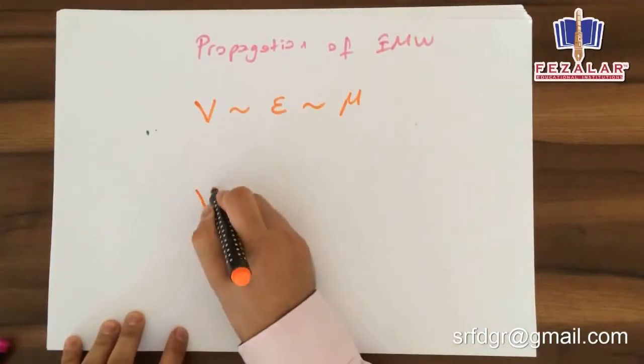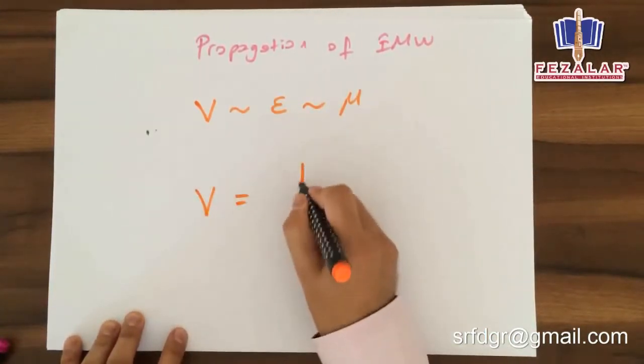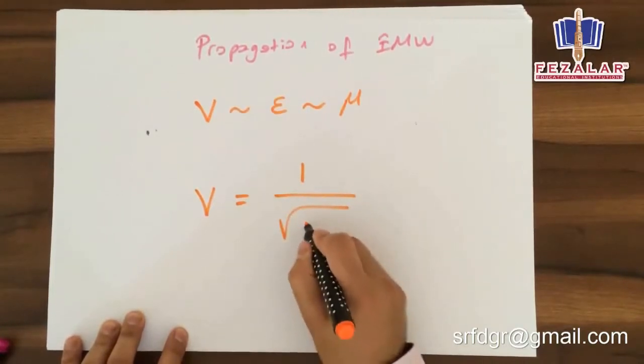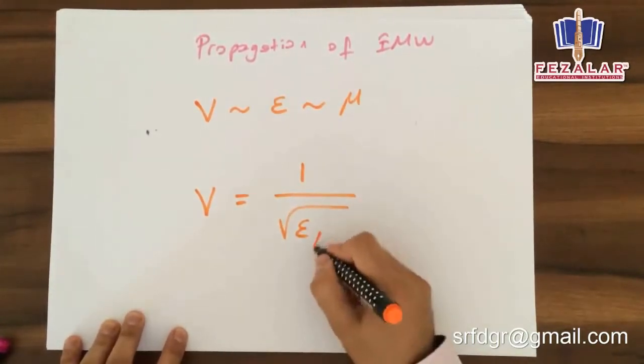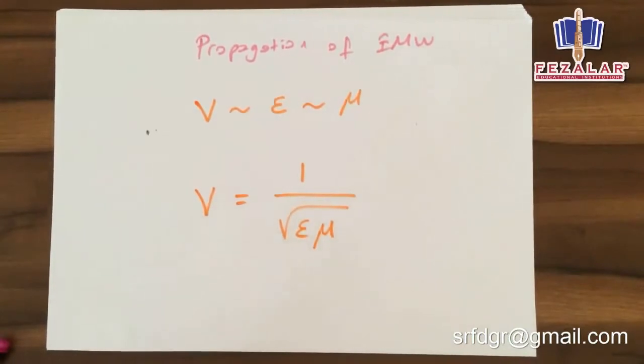So we can formalize this relation: V equals 1 over the root of electric permittivity times magnetic permeability. We know that electromagnetic waves travel in vacuum at the speed of light. Let's prove that.